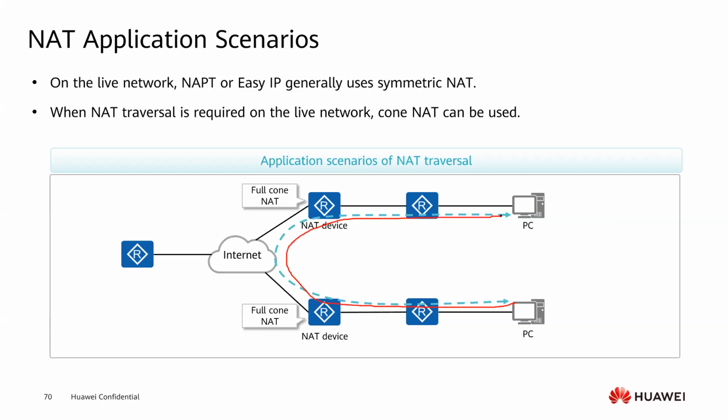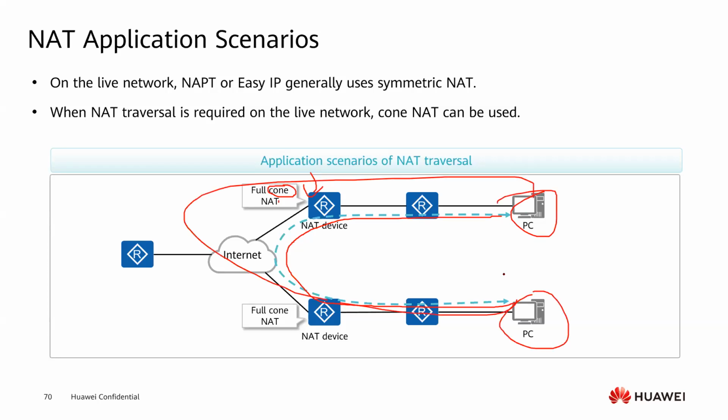And this NAT traversal is much more common. The usage scenario is very, very common, which means in all scenarios, as long as your NAT device is using the cone type source NAT, those two PCs can communicate with each other no matter which traffic I'm sending.